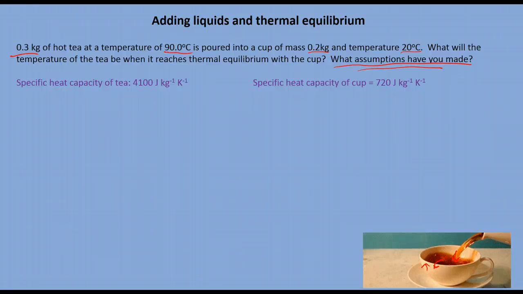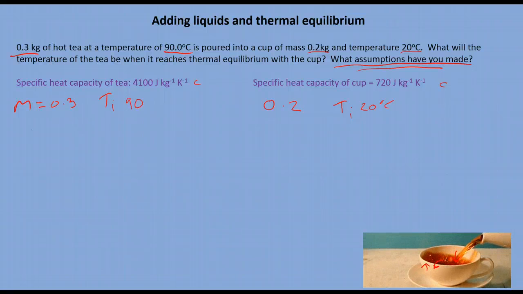We're given the specific heat capacities for both the tea and the cup. We know the mass of the tea is 0.3 and its initial temperature is 90. The mass of the cup is 0.2 and its initial temperature is 20.